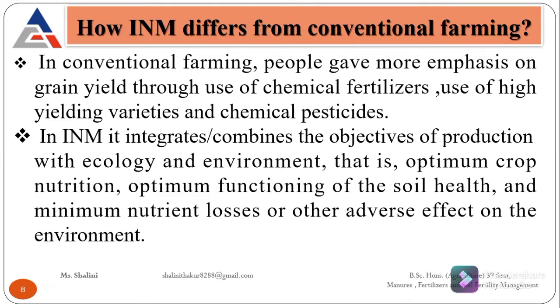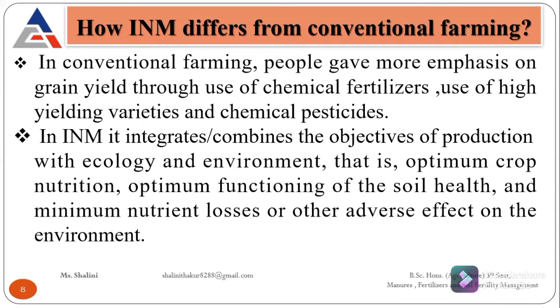But in integrated farming, we are combining the objective of production with ecology and environment to get optimum crop nutrition. If I give you 10 rotis at one time and your capacity is just 3 to 4 rotis, the rest of the 6 rotis are wasted. Similarly, if we apply a large amount of nitrogen or any other fertilizer, the crop can't take that much.